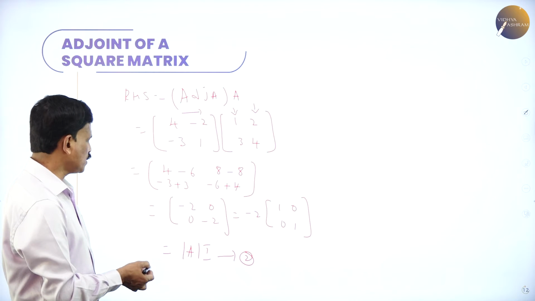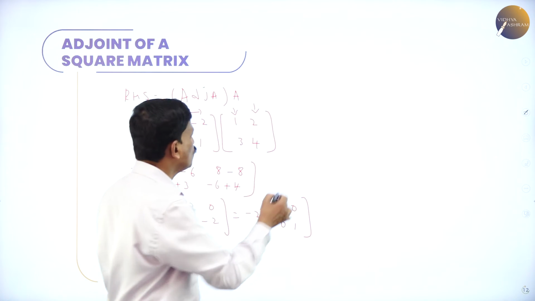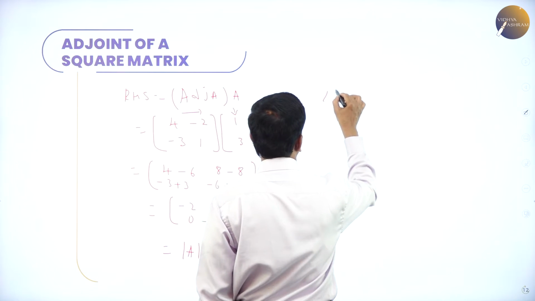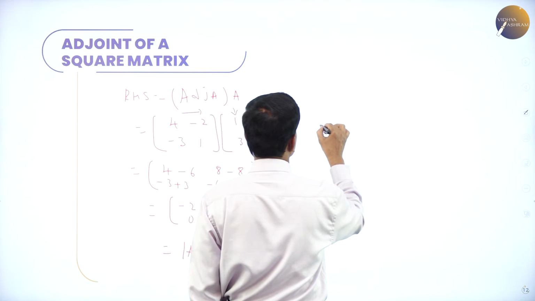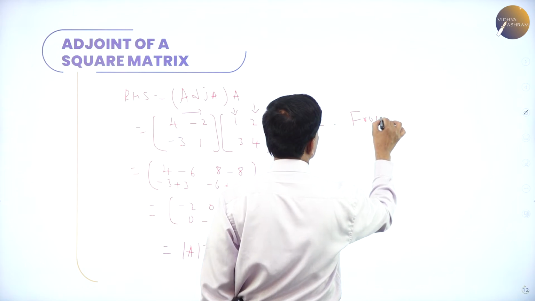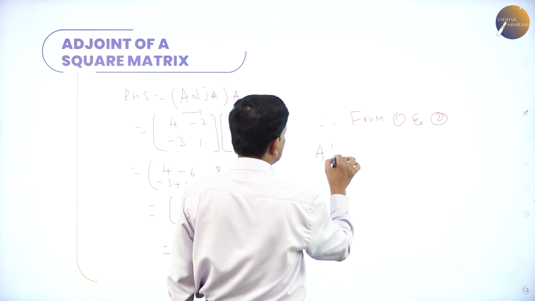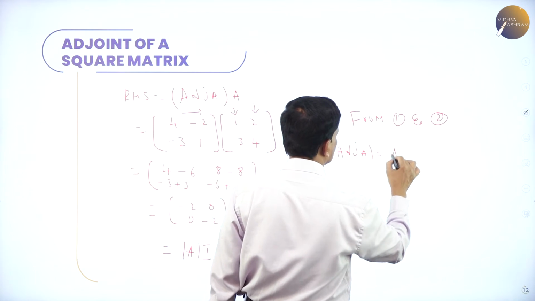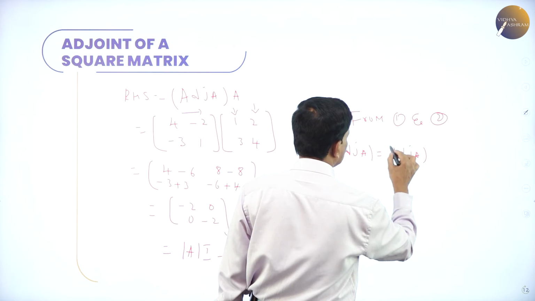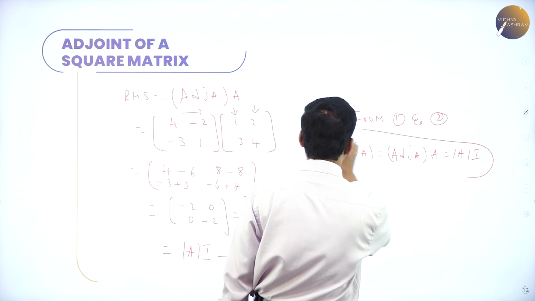So, determinant of A into I. Therefore, from 1 and 2 we can say that A into adjoint of A is equal to adjoint of A into A is always equal to determinant of A into I.